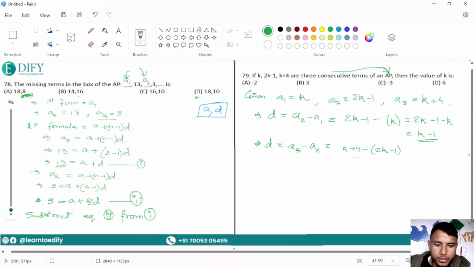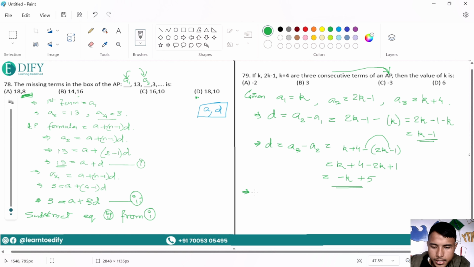Solving, we get k plus 4 minus 2k plus 1. Minus into minus gives plus. So k minus 2k is minus k. And plus 4 plus 1 is plus 5. So this is the second one.